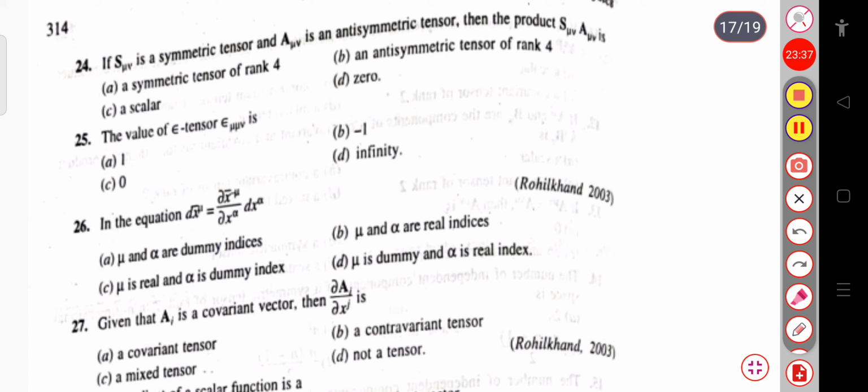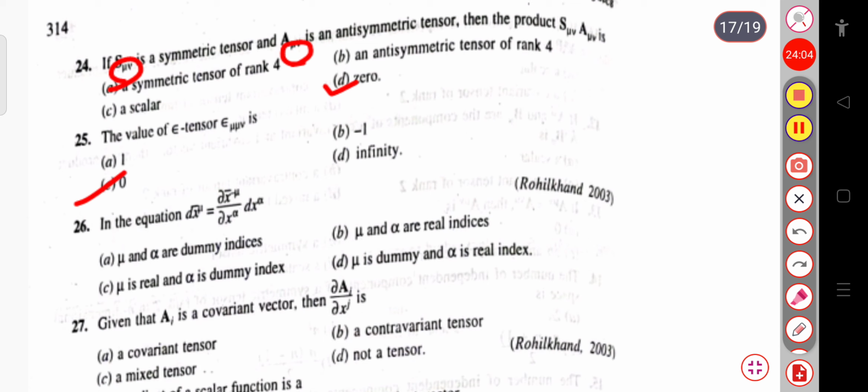So here the correct answer will be 0, because here it is mu nu and also here it is mu nu, and S is symmetric while A mu nu is an antisymmetric tensor. So the product will be 0 here. Now the value of the epsilon tensor, epsilon mu nu, is 1, 0, minus 1, or infinity. So here the value will be 0.